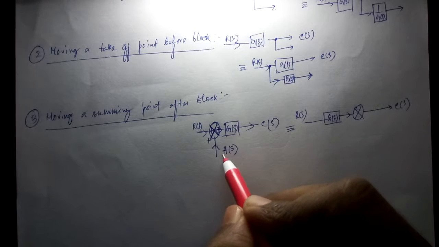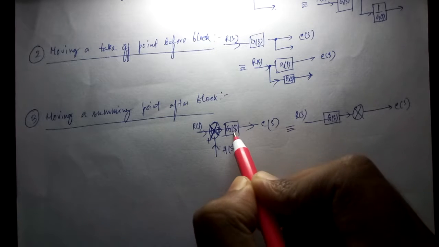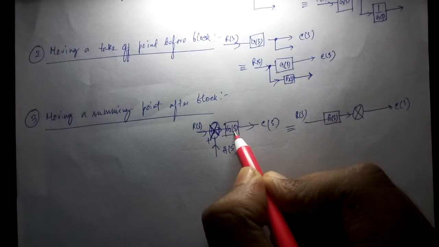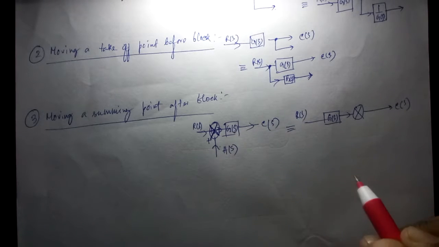Previously HS is going in this path and it is getting multiplied with GS and then it is giving the output CS.